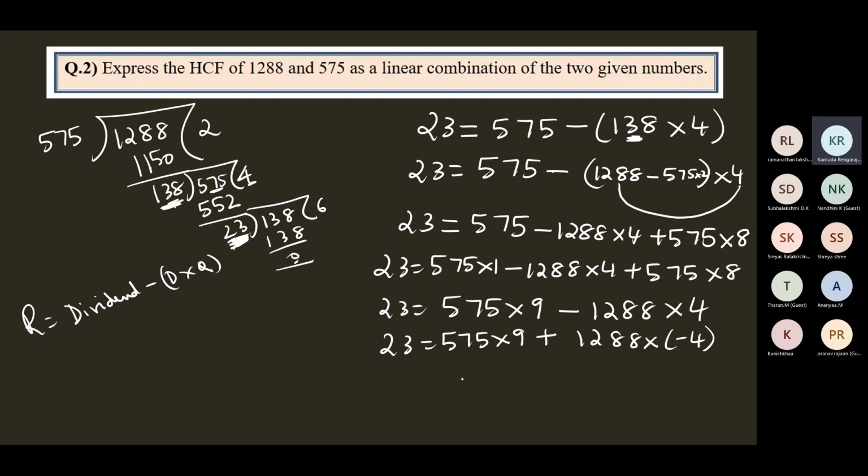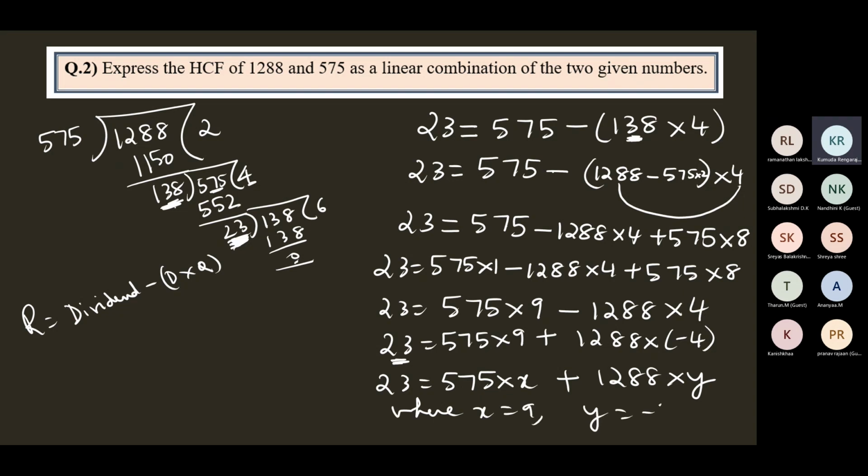So you can see in the last step, we have expressed the HCF 23 as a linear combination. What is a linear combination? A linear expression. So what is a linear expression? 575 into X plus 1288 into Y. You can use X and Y or A and B, M and N, whatever, where X is 9 and Y is minus 4.